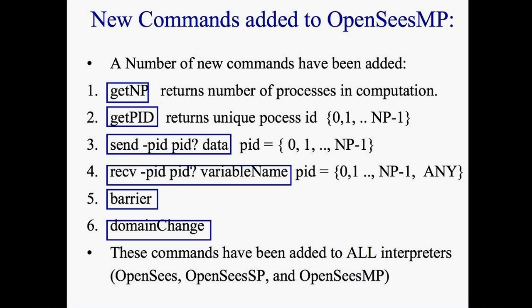There's an additional method there called barrier. So every process, when it hits barrier, will stop until all the processes reach that point in the computation. And one other method that's in there is called domainChange. It's an important command that's been added for when you're doing these large models in parallel, and I'll show you its usage in a couple of minutes.